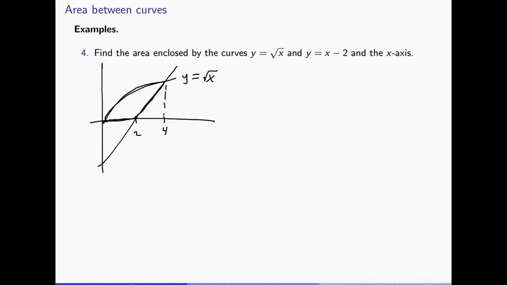The first piece, let's call this A, and the second piece is this region, let me call this B. So the area is going to be A plus B. The first integral is going to go from 0 to 2, because it's along this base under root x and above 0, and then plus this next integral is going to go from 2 to 4.